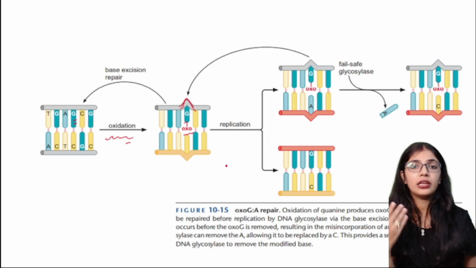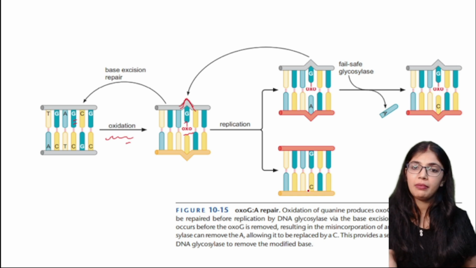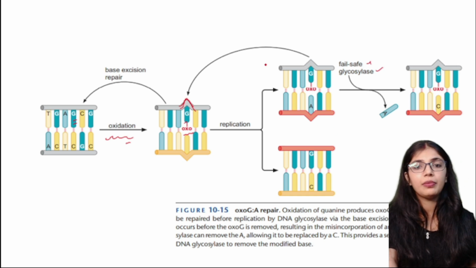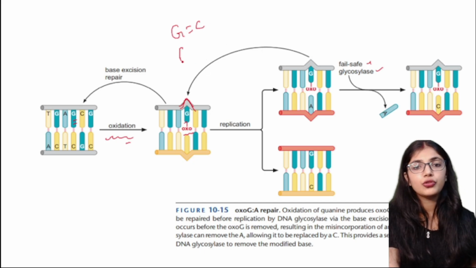It can be removed by two mechanisms. One is that it will be repaired by the base excision repair. Another is the fail-safe glycosylase. So what happens? Guanine was base pairing with cytosine normally, but due to OXO-G, this OXO-G will base pair with adenine.